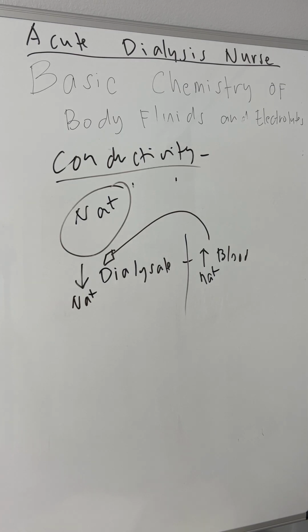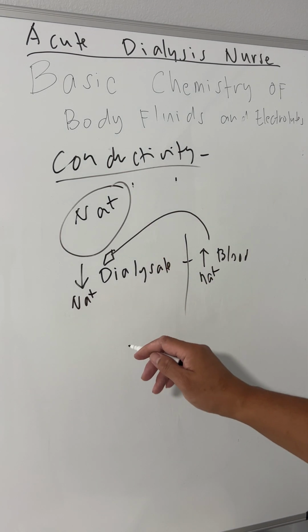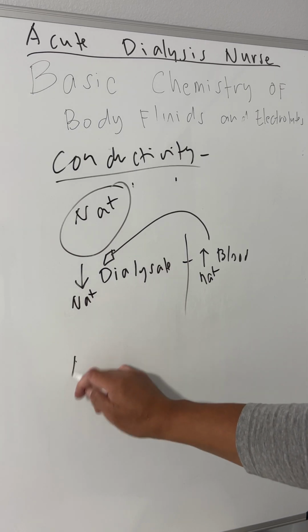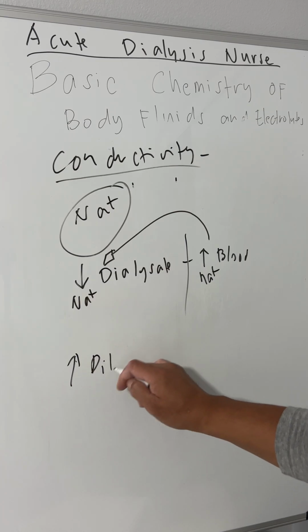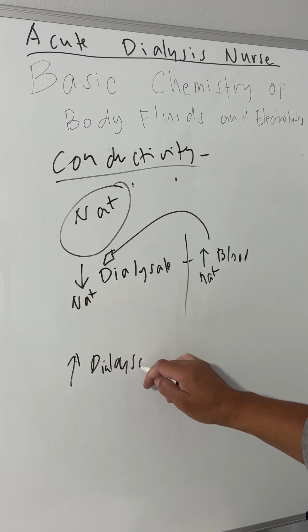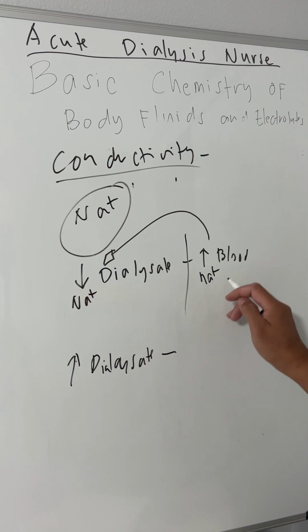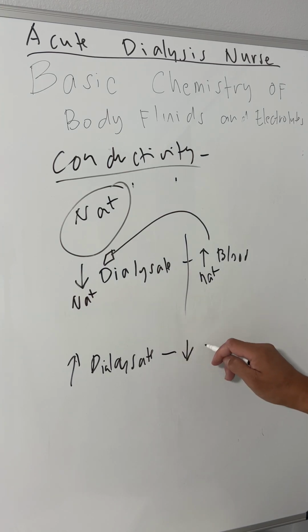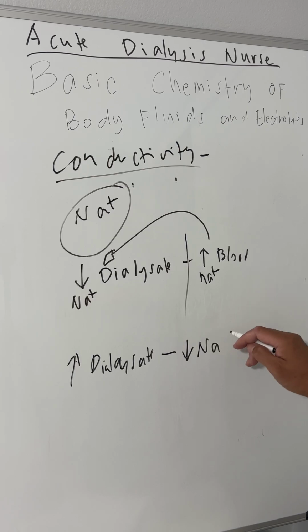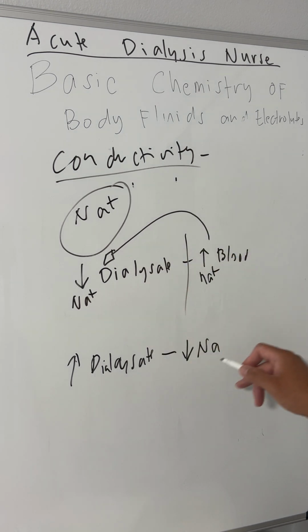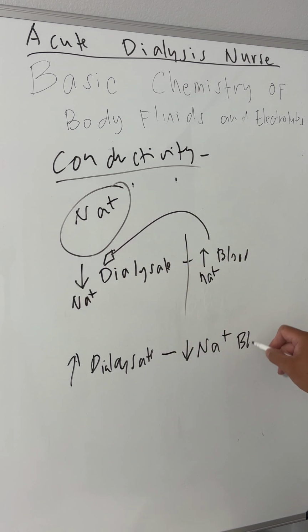So that's what diffusion means. So when you're doing dialysis, diffusion happens, and they now have high sodium in the dialysate, and it causes low sodium in the blood, because the sodium in the blood went to the area of lower concentration, the dialysate.